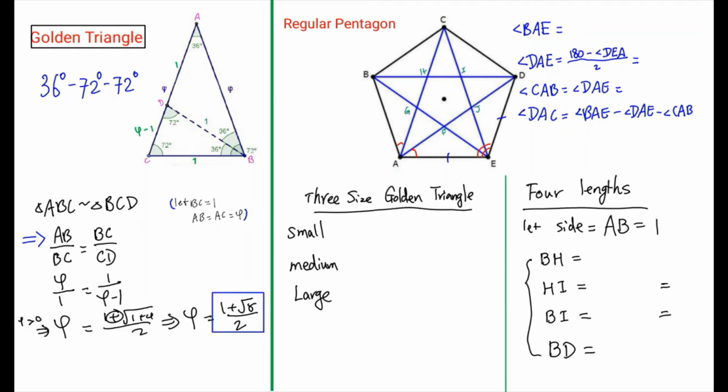Something else interesting about the golden ratio is that 1 divided by phi is equal to 2 divided by 1 plus square root 5, which equals square root 5 minus 1 divided by 2. Isn't that interesting?